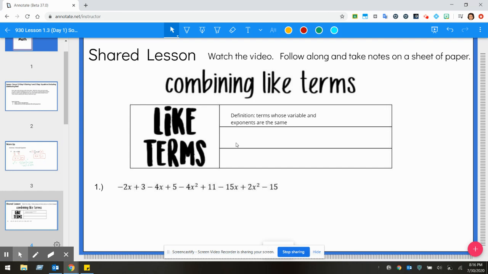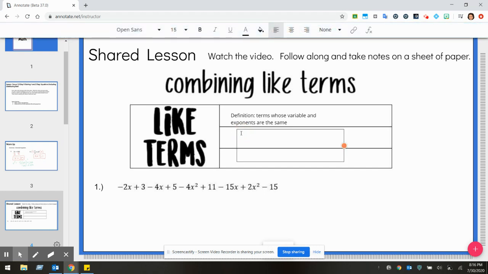Okay, so again, like terms are terms whose variables and exponents are the same. I'm going to go ahead and give you some examples in a minute. One thing to make note of is the coefficients can be different.